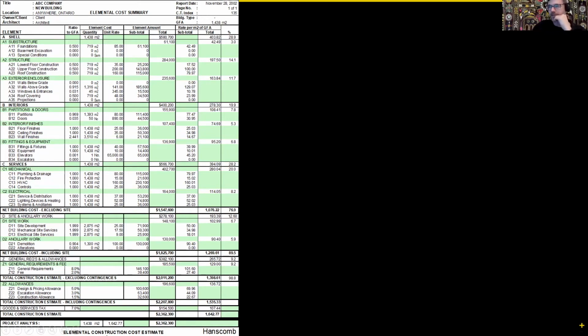This is a standard summary of an elemental cost estimate. Usually this is backed up by quite a few pages of detail. And every time you go through a design phase, one of these gets produced in more levels of detail, depending on what class we're in.